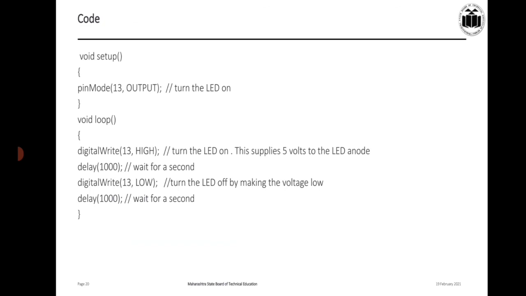In this program, first of all, you have to define the port pin as an output. Then, in loop function, make the port pin 13 as high to turn on the LED.